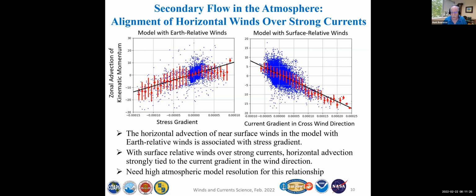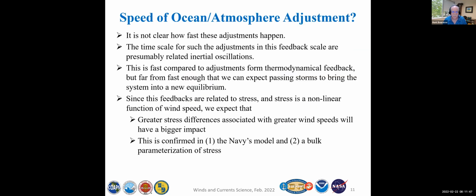So that's again reassuring that we're seeing this secondary circulation in the model, and this conceptual model seems to be fairly effective. Now, to get this, I want to emphasize that we do need to run at high resolution. If you run at 25-kilometer grid spacing, you're not going to see this, or not much of it at least.